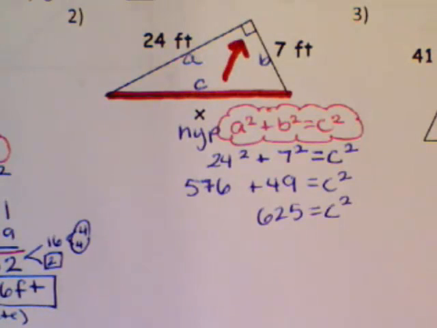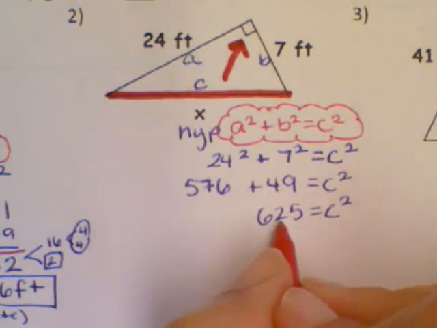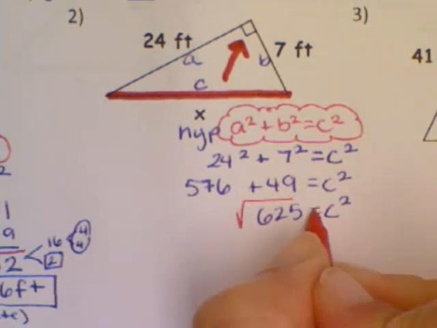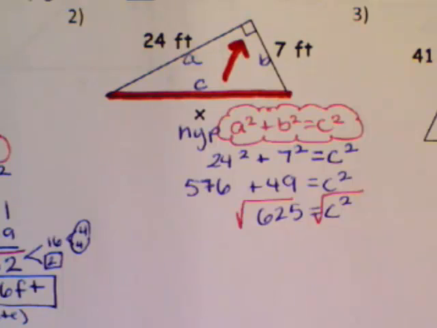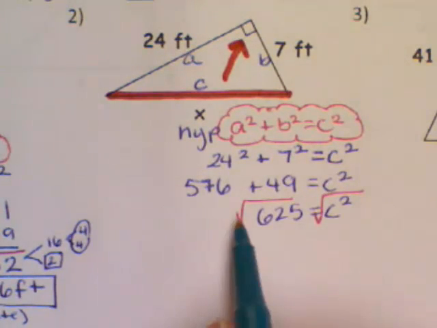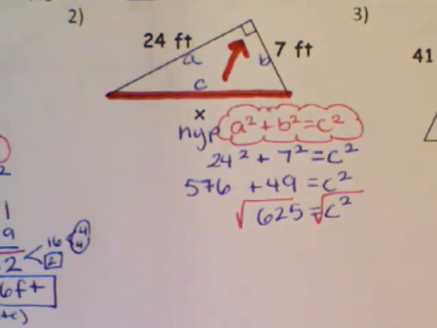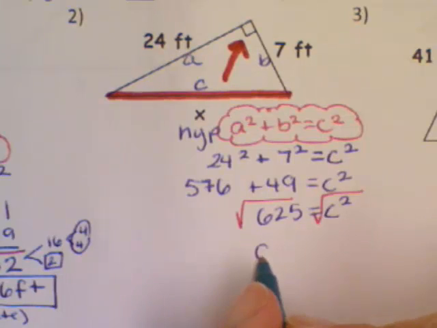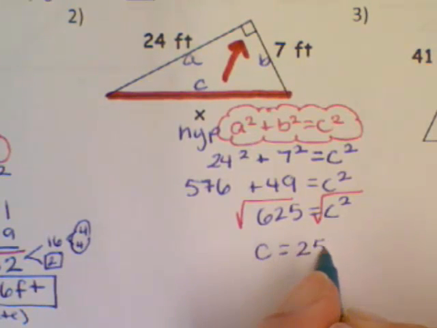And again, we're going to square root both sides, and we're looking for feet. So because we're looking for feet, we don't need the plus or minus. We're just going to find the positive. So you'll find the square root of 625, which happens to be a perfect square. So here we say C is 25 feet.